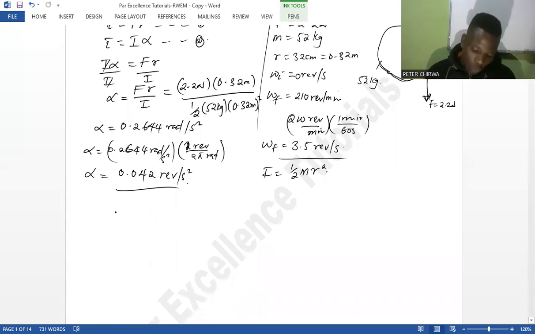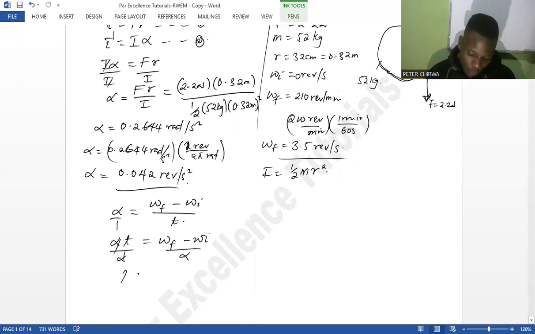Now, we know that angular acceleration is given by the final angular velocity minus initial angular velocity over change in time. So we make t the subject, and we're going to have angular acceleration times t equal to that minus that. We divide by angular acceleration throughout, and we are going to have time being equal to like that.